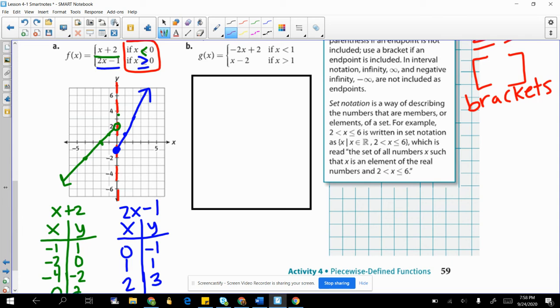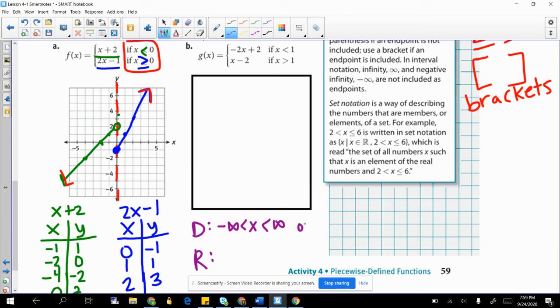Okay. Now let's go ahead and write our domain and range in all 3 notations for that one. Okay. So domain, how far left, how far right is this going to go? Well, it's going to go on for forever in both directions. So we would write this, -infinity is less than x is less than infinity.